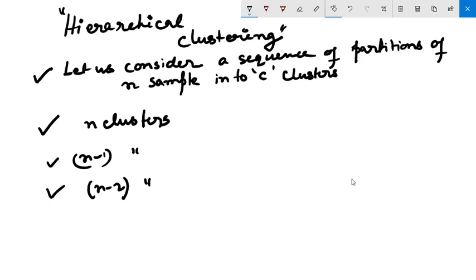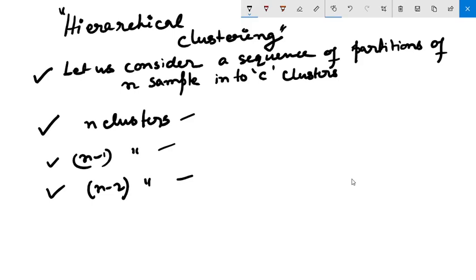Okay, we shall say that we are at level k in the sequence when C is n minus k plus 1. So first n clusters, then n minus 1 clusters, then n minus 2 clusters.